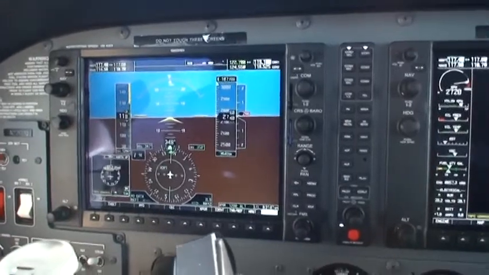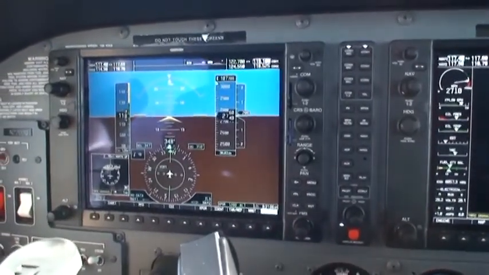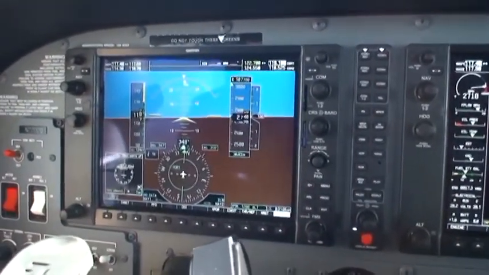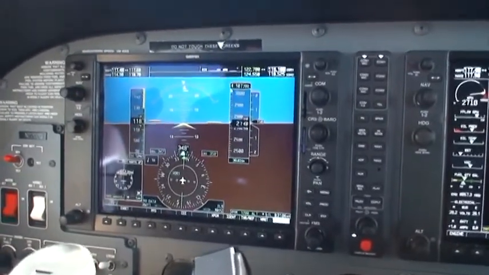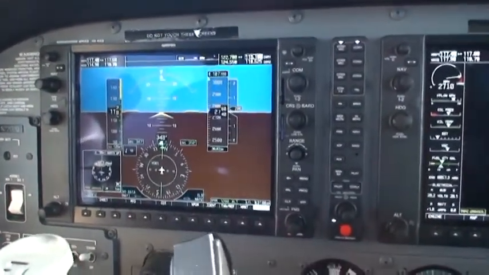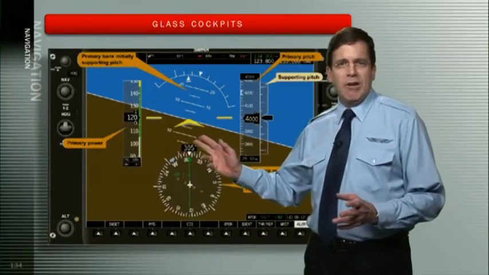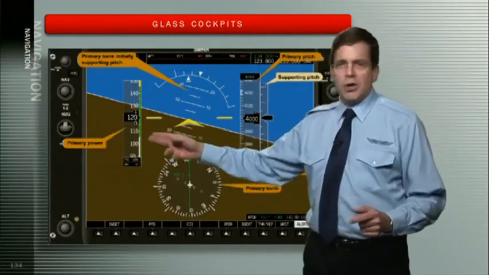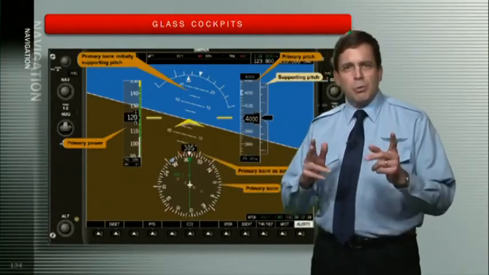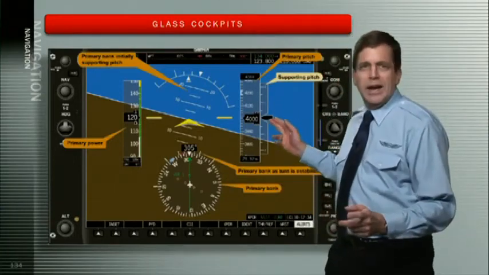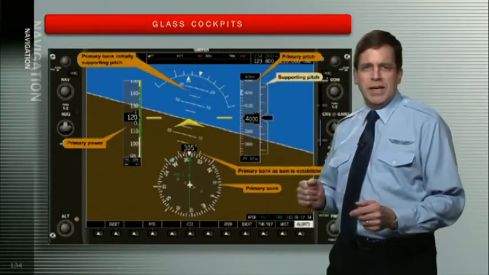While PFDs vary by manufacturer and model, they have many areas in common. Here's a typical PFD. Central to the PFD is a depiction of the attitude indicator like you see right here. To the left is a digital column of airspeed, and to the right is a digital display of altitude and vertical speed.